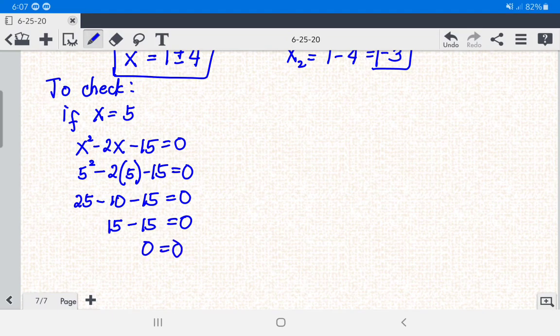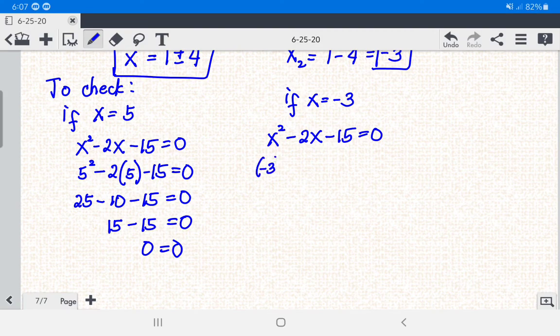Next, if x is equal to negative 3, using again the original equation, we have x squared minus 2x minus 15 equals 0. By substituting the value of x in the original equation, we have negative 3 squared minus 2 times negative 3 minus 15 equals 0.